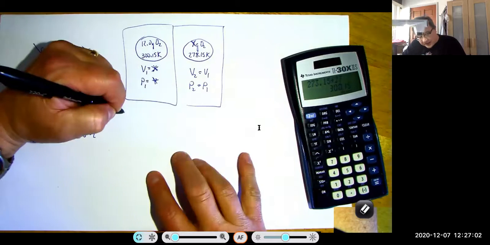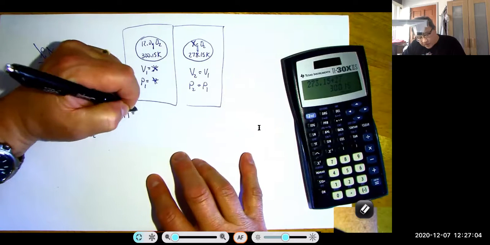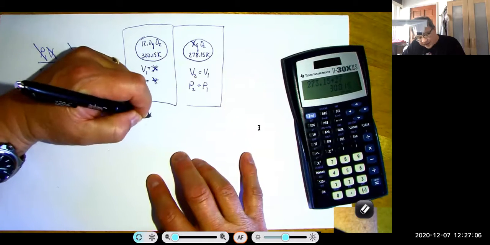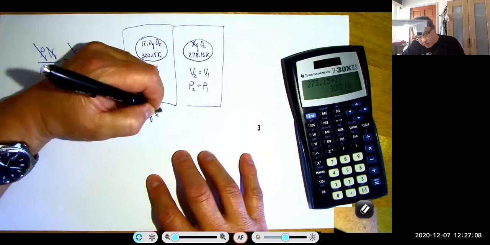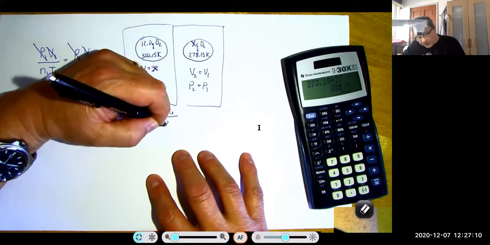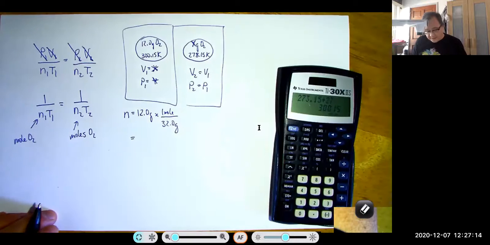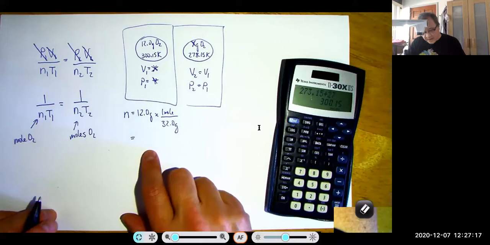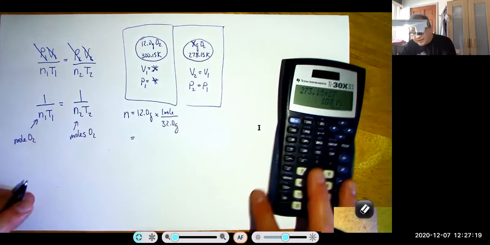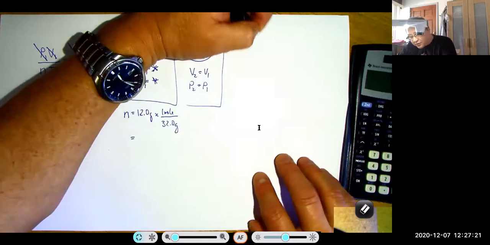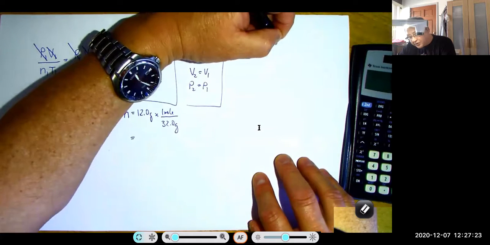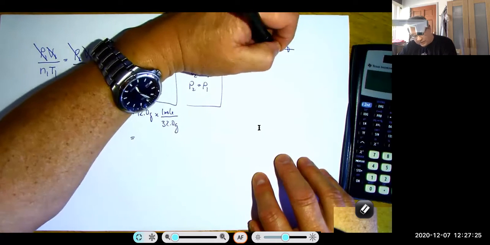Well, I would say that the moles are going to be 12.0 grams times 1 mole per 32.0 grams. And I'm going to let this be the molar mass. The molar mass of O2 is 32.0 grams per mole, right?